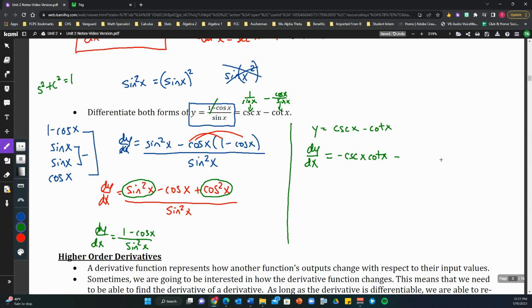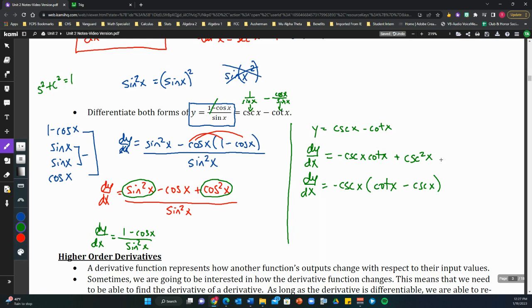Again, it starts with a c, so it's a negative, which means this actually turns into a plus, and then cotangent results in cosecant squared x. I could rewrite this, if I wanted to, by pulling a cosecant out from both of these. A lot of times you'll see a negative pulled out so that this first term is positive, but that leaves me with cotangent minus cosecant x. So there's several different forms here, different ways that we can manipulate this.